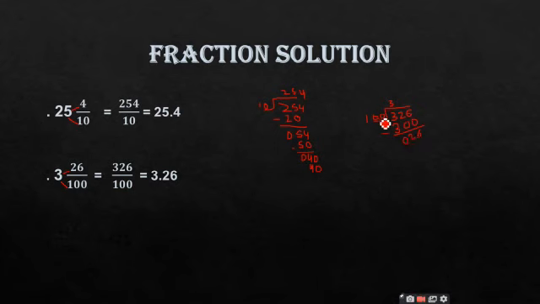Now we have 26 and we cannot divide 26 by 100, so we have to put a point in the quotient, and then we have to add 0 in the dividend, so it's 260. Now 100 multiplied by 2 is 200.